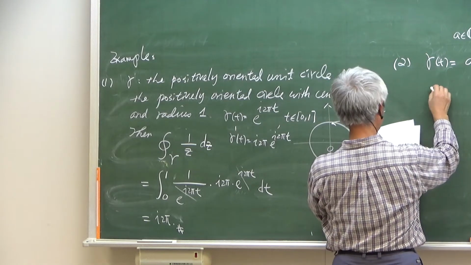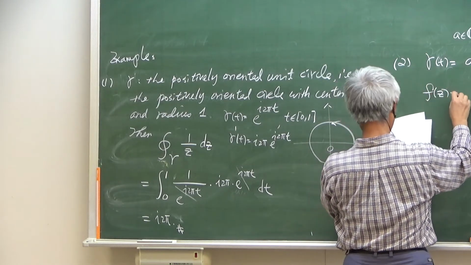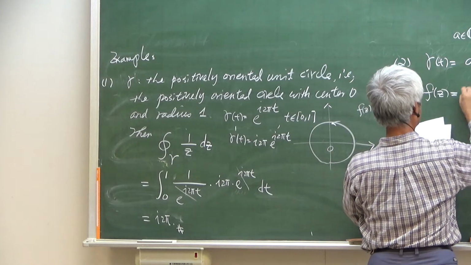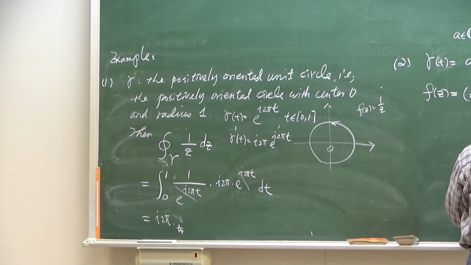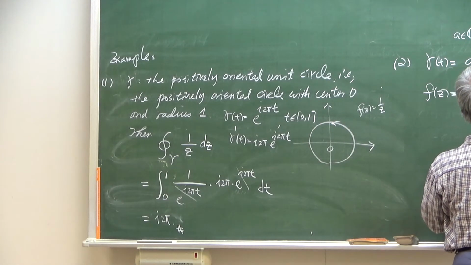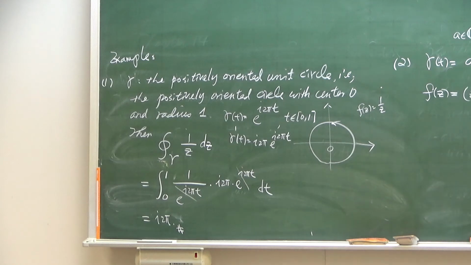All right, and our function is (z minus a) raised to the mth power. Okay, that's the mth power, and m can be any integer. Now, if m is a negative integer, z cannot be equal to a, otherwise it's undefined.